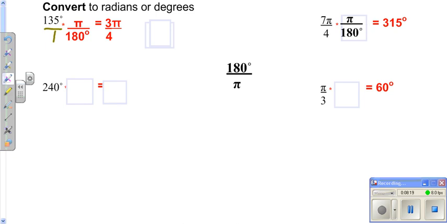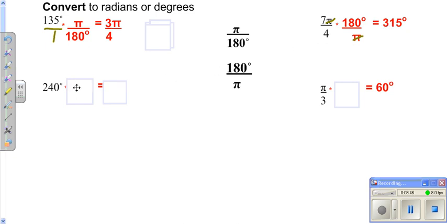That's not going to allow us to have degrees on the top, so we're not going to want to use that. We're going to want to use this one here, because that's going to leave us degrees on the top. You'll then realize, oh, we have a pi on the top, a pi on the bottom, they're going to drop. So now all we have to do is, with our calculator, take 7 times 180 and divide it by 4, and that's where we get 315.